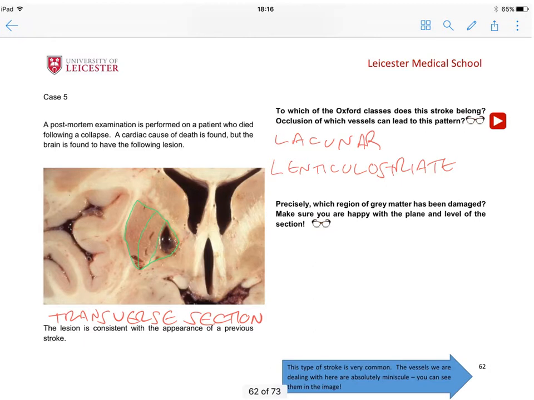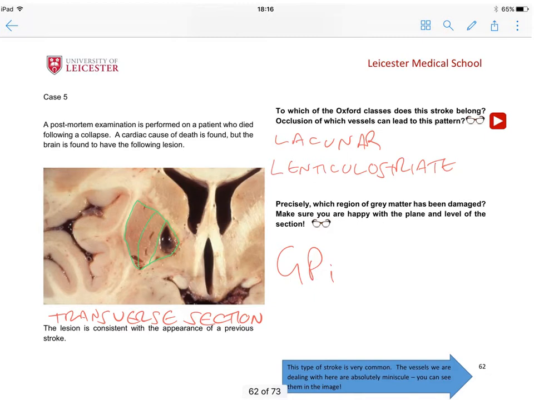The superficialmost part of the lentiform nucleus is the putamen. Then we have the external segment of the globus pallidus, the GPE, and this part of the grey matter that's been affected is the internal segment of the globus pallidus, the GPI. That's the grey matter region that has been affected.